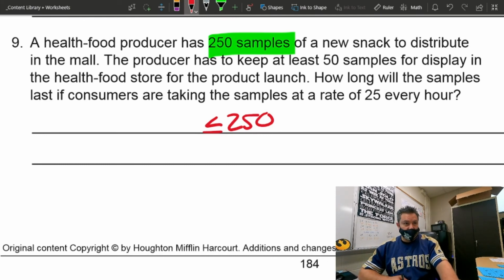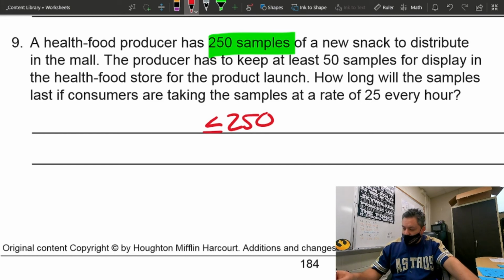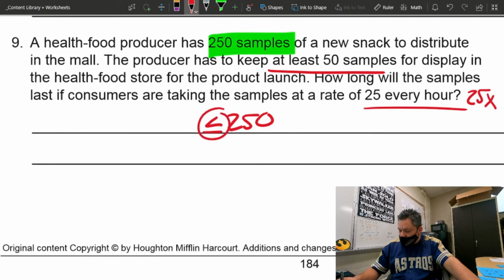No. Okay. So with this, do we know my variable? Or what number goes with the variable? 25x, right? So this right here is 25x. And then we have at least, this means at least right there, 50 samples.